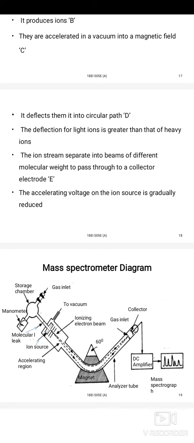The ion stream is separated into beams of different molecular weight to pass through a collector electrode E. The accelerating voltage on the ion source is gradually reduced.